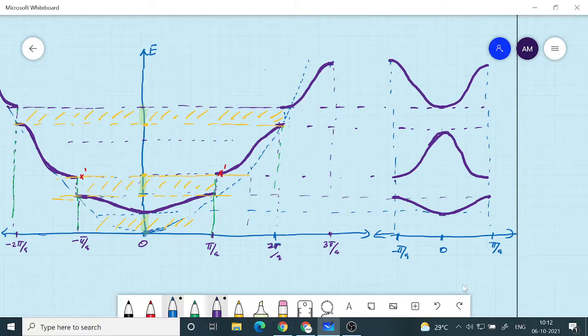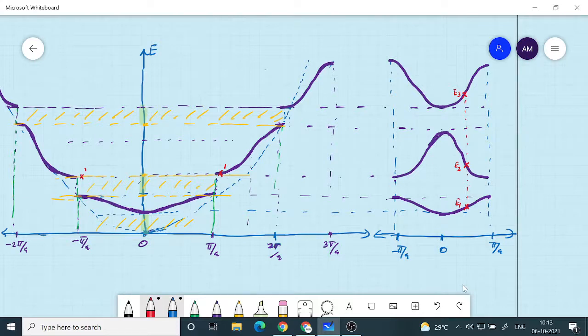So if you put one electron into the crystal, then with a particular k value, it can be either here, or with the same k value it can be here, or it could be here. So all of them have the same k value. So for the same k value you can have different energies. Say this corresponds to E1, this to E2, this to E3, just like in atoms, where an electron can be in different levels.